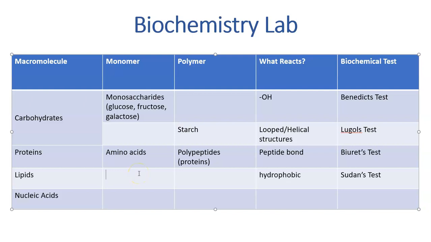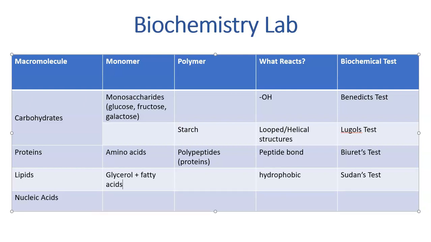Lipids, unlike carbohydrates and proteins, don't have really straightforward monomer and polymer setups. They're not made of a really simple monomer that gets put together in long chains to make a polymer. They're a little bit more complicated. The building block structure for lipids is a glycerol plus the fatty acids.